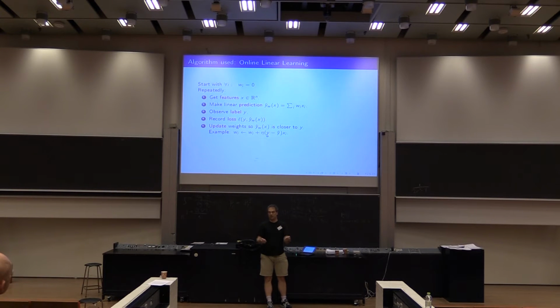Well, if you have squared loss, if you care about how close y is to y hat squared, you can take the derivative and you can update in the negative derivative direction. And that gives you this formula. Okay? So in general, approaches which involve gradient descent, so updating in the negative gradient direction, are very common with online update rules.